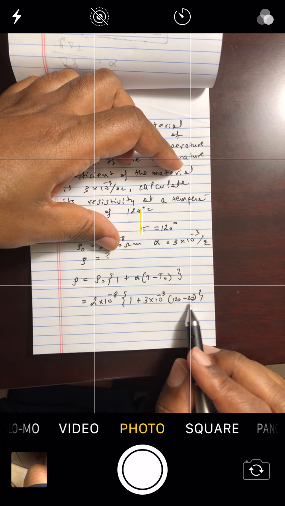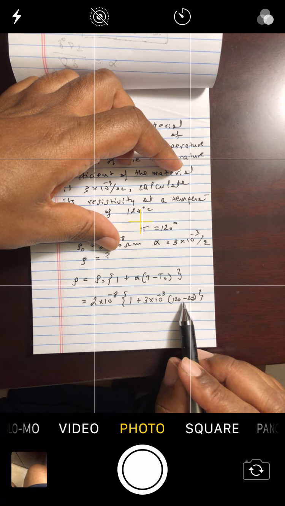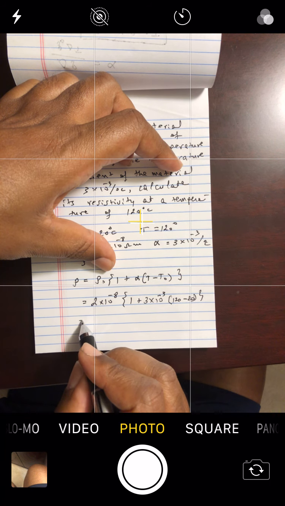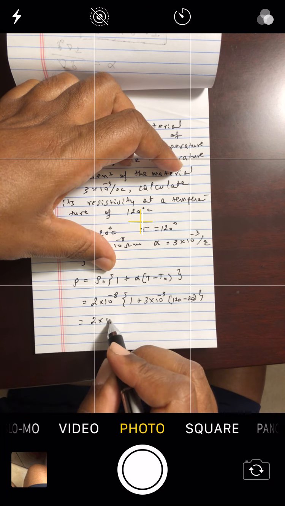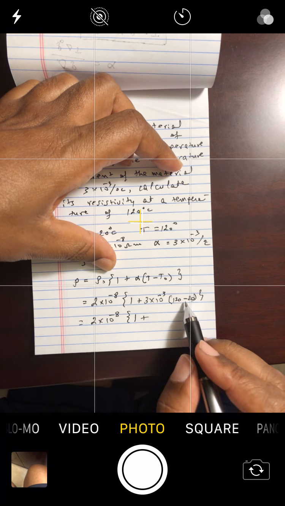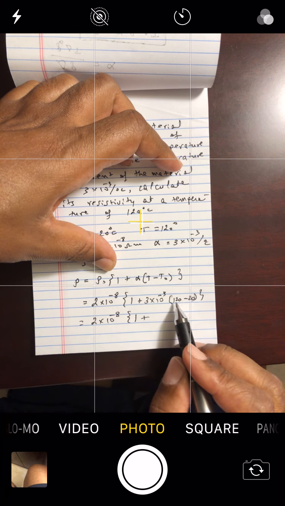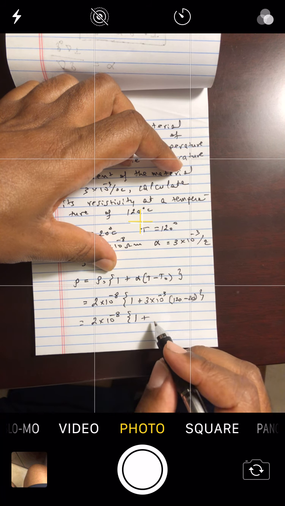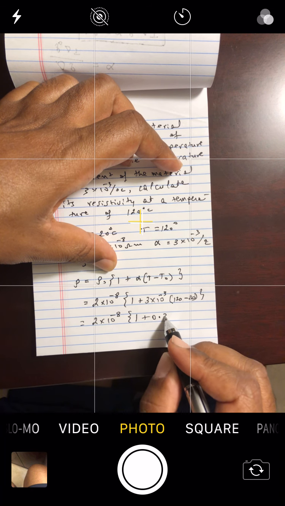Obviously this is 100, and 100 times 3 times 10 to the power of -3 gives us 0.3.